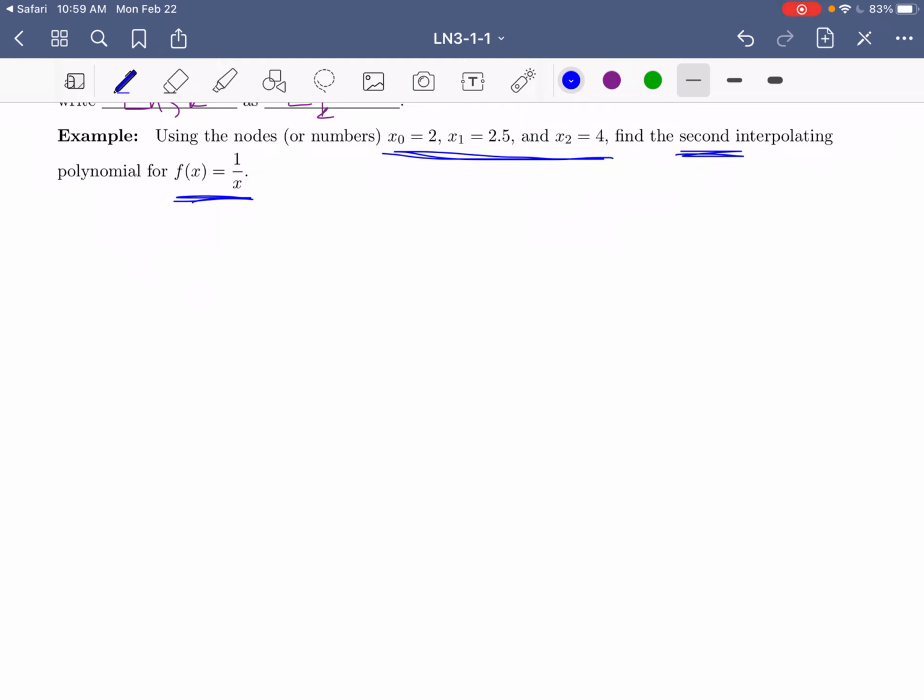And so we might observe, our points are 2, comma, then what is our function value at 2? Well, that function value at 2 is 1/2. And then we have our second point, 2.5, and the function value at 2.5, at 5/2, is 2/5.